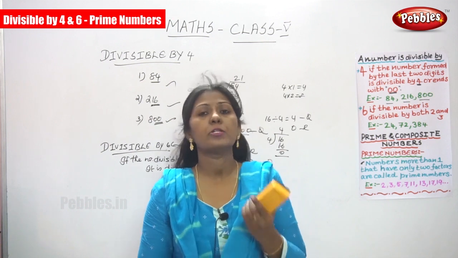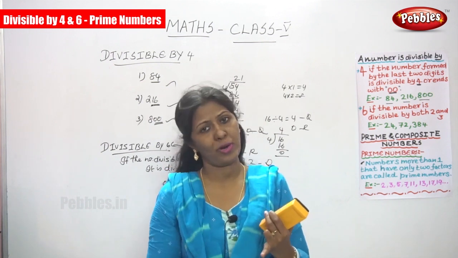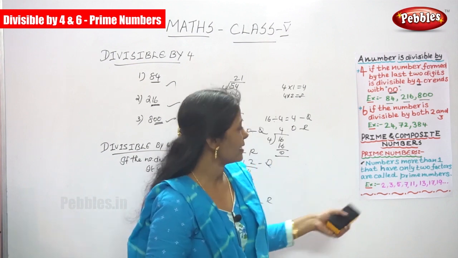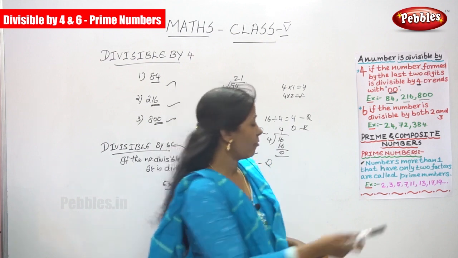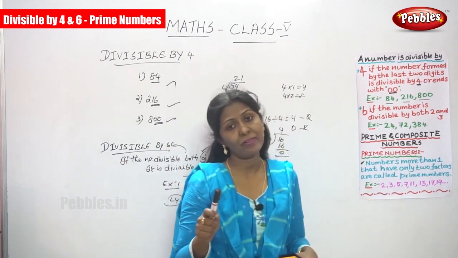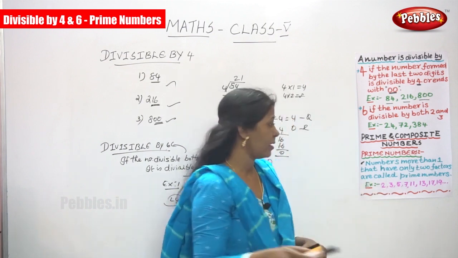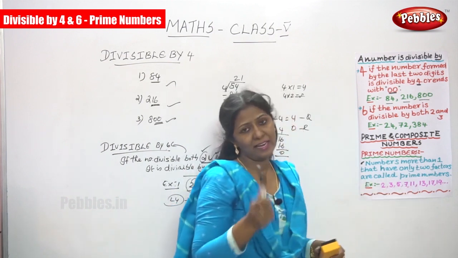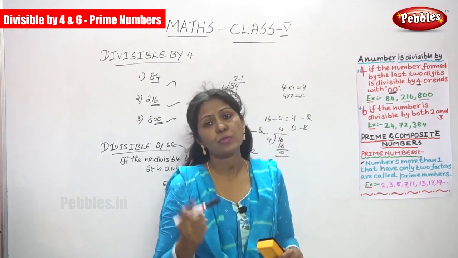For example, 2. 2 is divisible by 2 as well as 1. Okay, and the next one is 3. 3 is divided by 3 as well as 1. 5 is divided by 5 as well as 1. And 7 is divided by 7 and 1. And 11 is divided by 11 and 1. That means the number itself as well as 1.